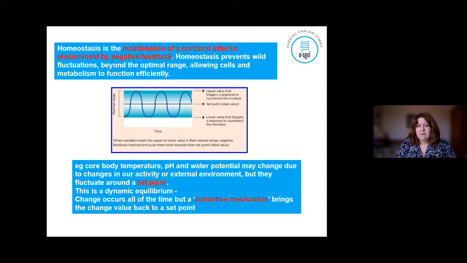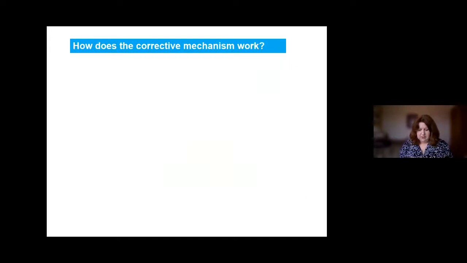They will naturally fluctuate, but negative feedback is a process where we put a corrective mechanism in place to bring that value back to the set. Okay, so that's homeostasis. It's so important, as I've said there at the top, because it's going to allow cells and metabolism, which is all the cells' reactions, to function efficiently for us.